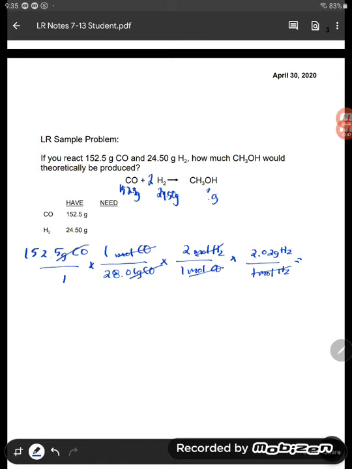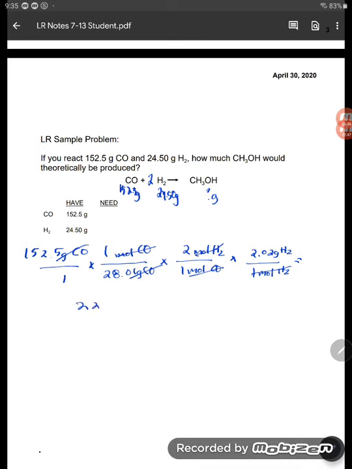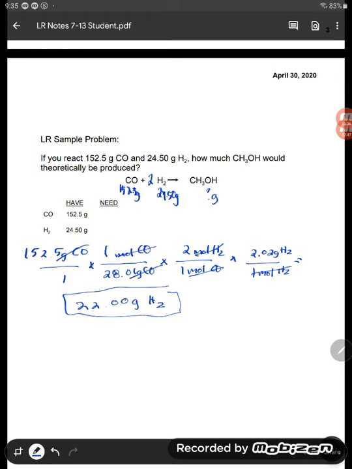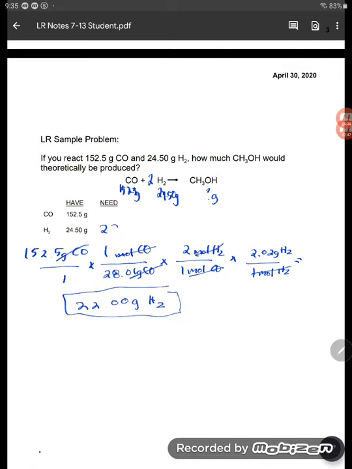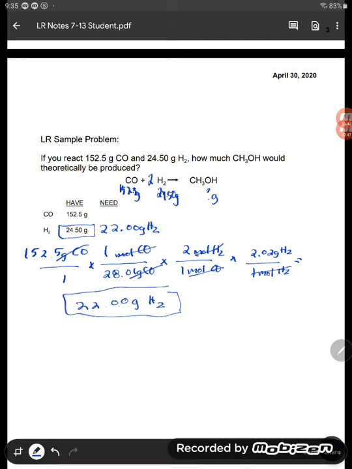And what we would find is that would come out to 22.00 grams of H2 after you've entered that into your calculator. So in order to fully react, I need 22.00 grams of H2. I was given 24.50.